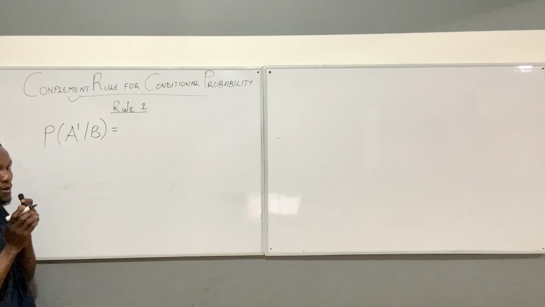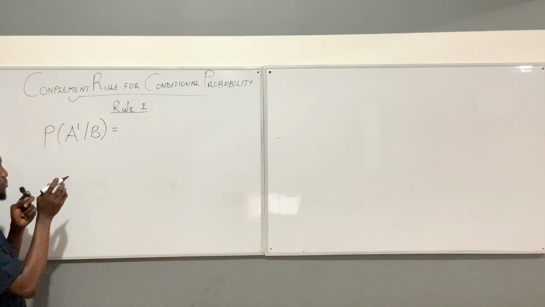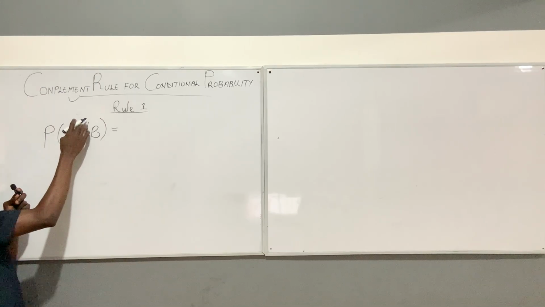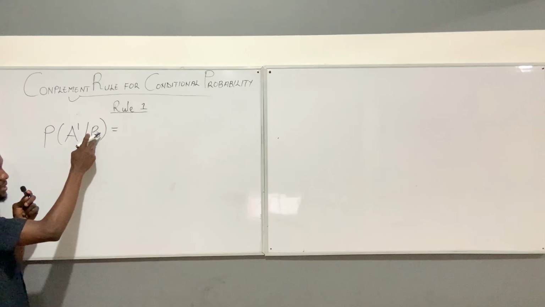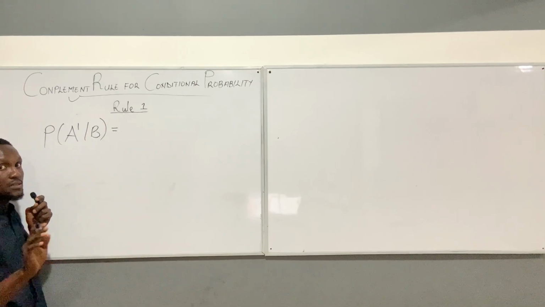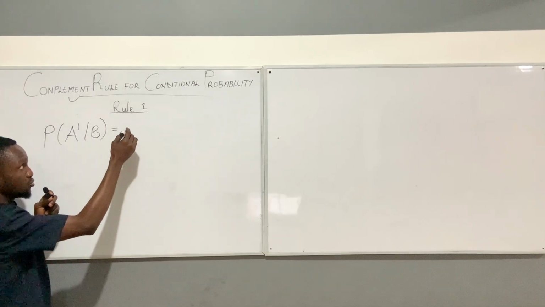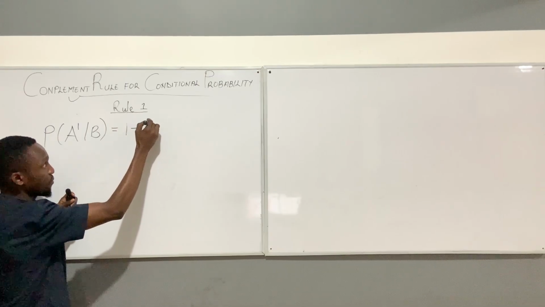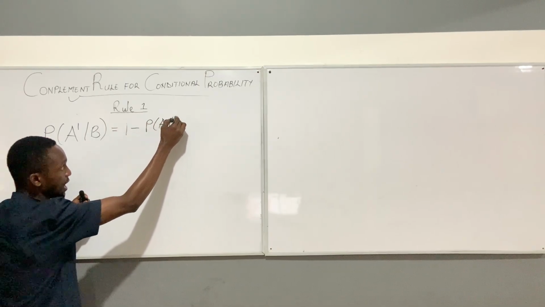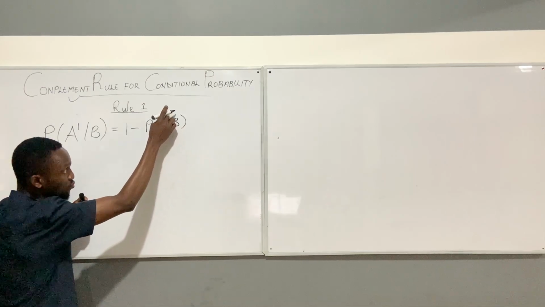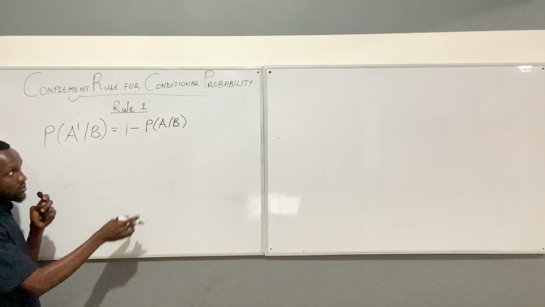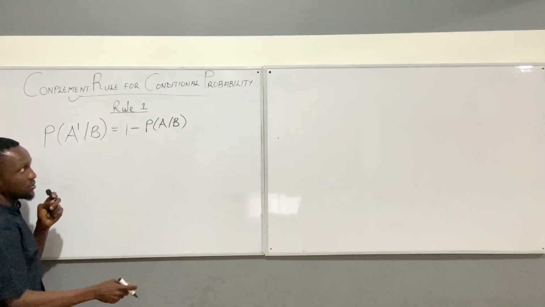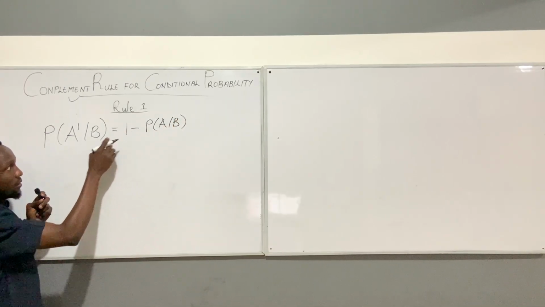Now, conditional probability is saying that anytime you have the first event with a complement, and the next event has occurred, the easiest way to solve this question is to say that the result is going to give us 1 minus the probability of event A given B has occurred. Just remove the complement from here. Once you are able to find the probability of event A given B has occurred, you subtract that result from 1 and you will get the answer.